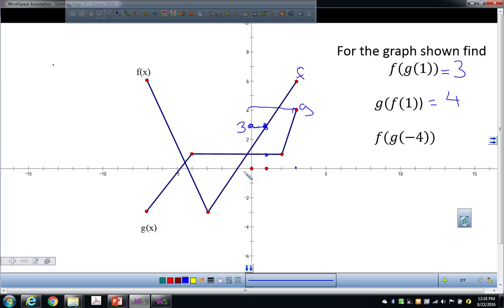Looks like 3, right? Yeah, it's about 3. Okay, so g of negative 4, you follow the g function until you get to negative 4. You go, oh, what's the y value there? It's 1, right? So this is negative 4, comma 1. Take that 1 and plug it into the f function, and you get out 3.